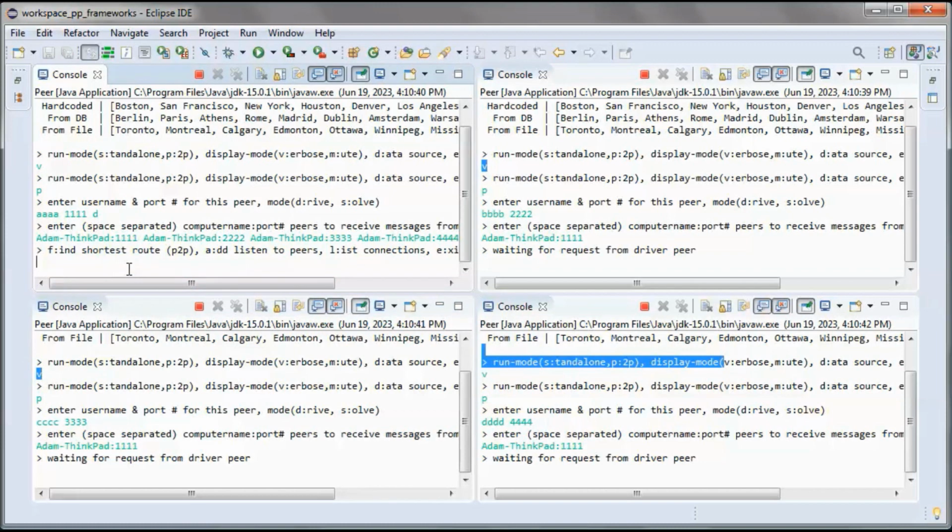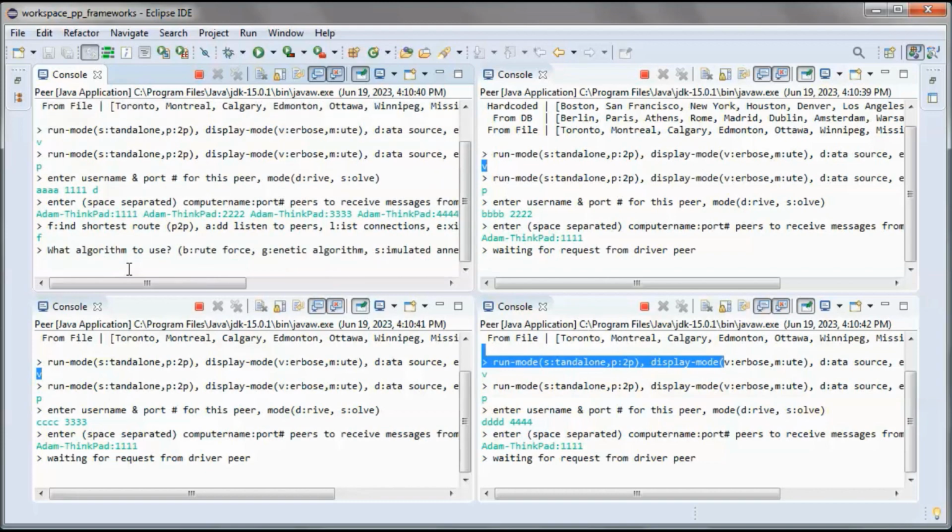So let's find the shortest route with brute force.